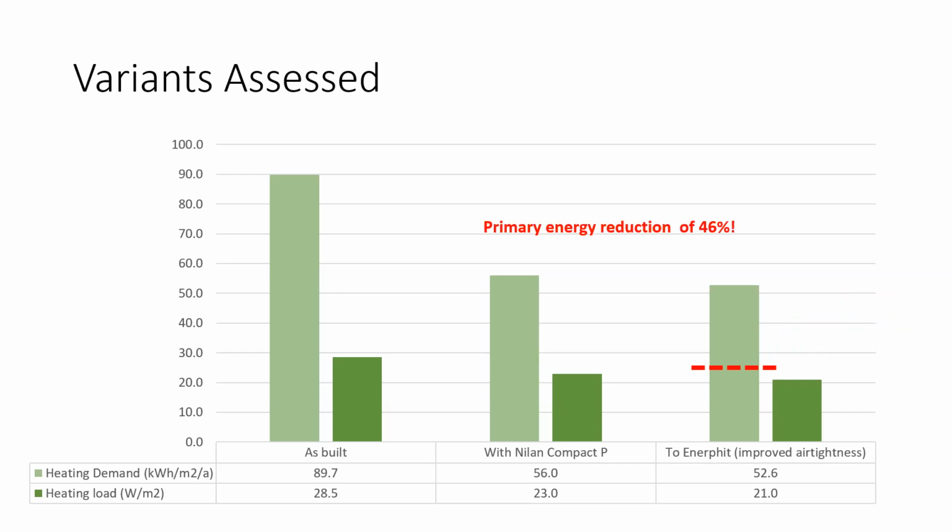And our primary energy reduced by 46% between the as-built and the actual standard being brought to Retrofit. That is primarily because you're using an MVHR system and a heat pump, and you've better air tightness, which is bringing your PER down by 46%.